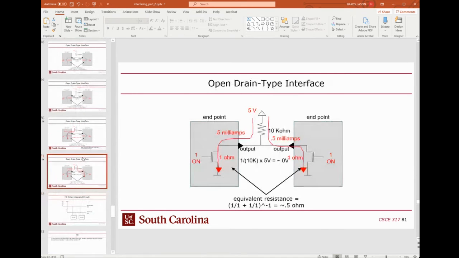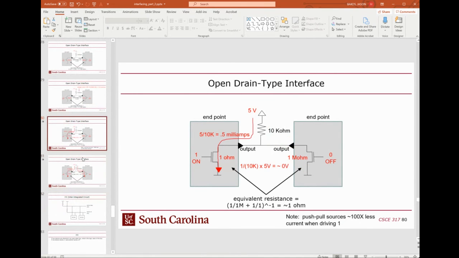Okay, so open drain: basically you stick a resistor in there, so you limit the amount of current that you can sink from the power supply, even if two devices try to both put a 0, for instance, or if there's a conflict.